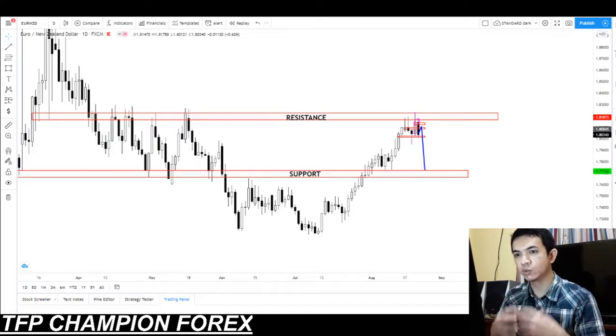Otherwise you will just be circling around what we call the cycle of doom, wherein every time you lose a couple of trades, you change to another strategy. You will not be profitable in the long run if you keep doing those kinds of habits. So stick to one strategy, be good at it, improve, and always backtest.